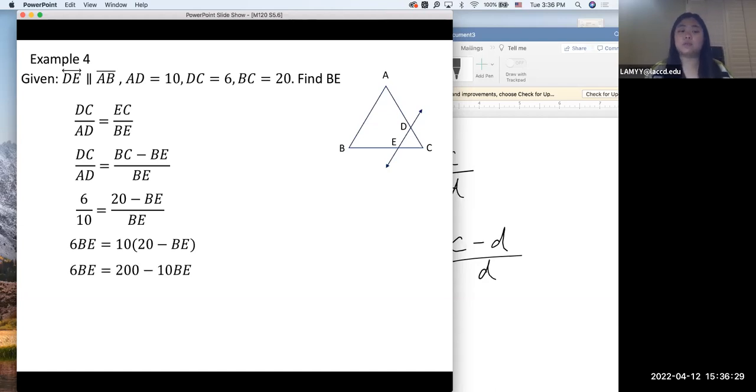Distribute the 10: 10 times 20, and 10 times BE. Combine the BE terms, divide by 16 for both sides.